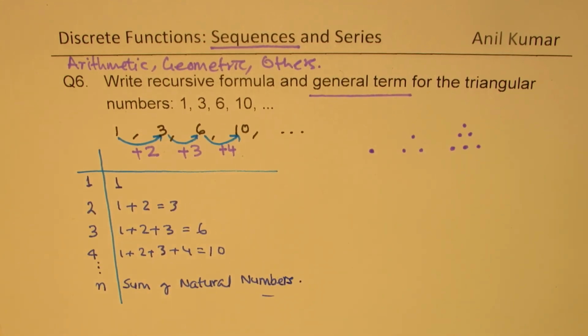So that should give you the formula, right? If there are 4 numbers, you get 10. When you multiply the two numbers, n, which is 4, times 5, divided by 2, right?